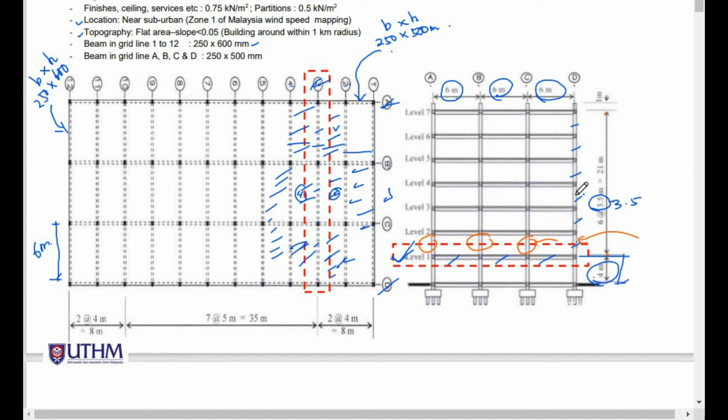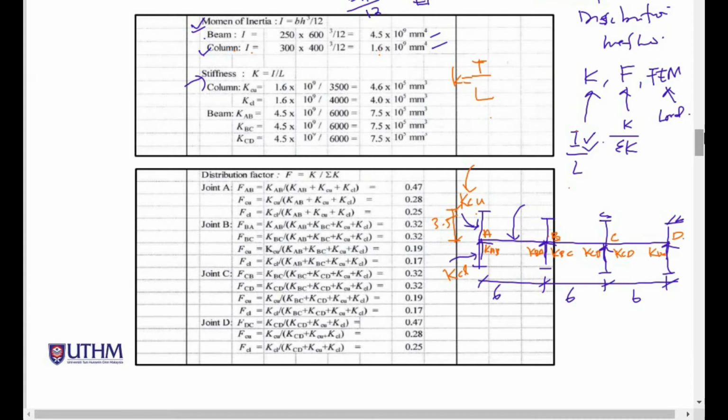Each upper column has a length of 3.5 meter, and the bottom column, this lower column, is 4 meter. So divided by 3.5, we get 4.6.